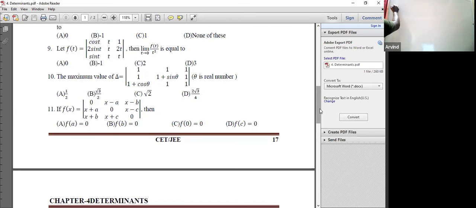So f of t is given as the determinant of cos t, 2 sin t, sin t; t, t, t; 1, 2t, 1. Now continue with the limit of f of t by t square.